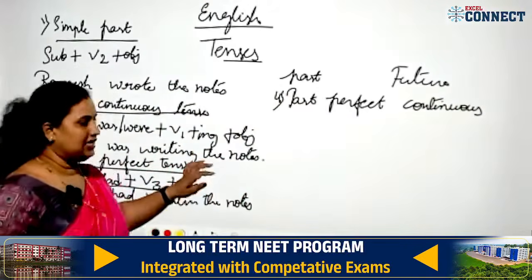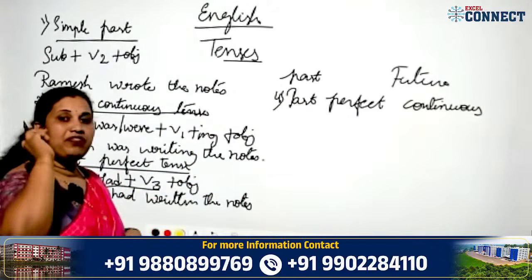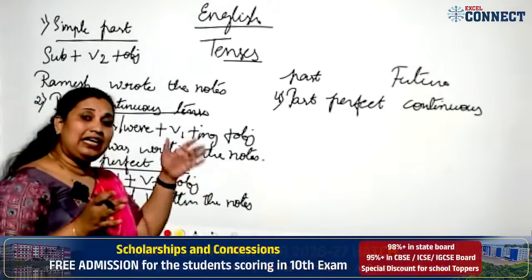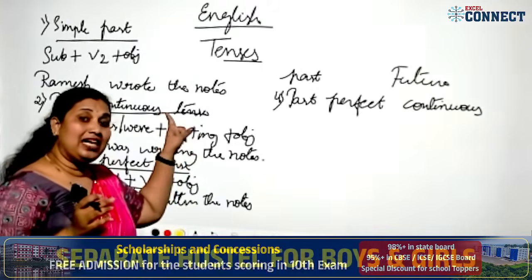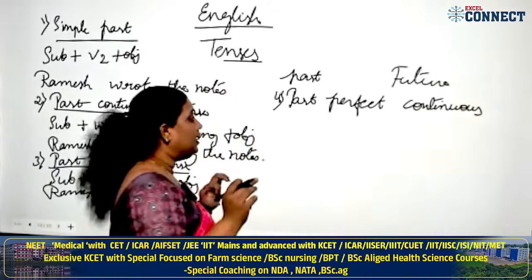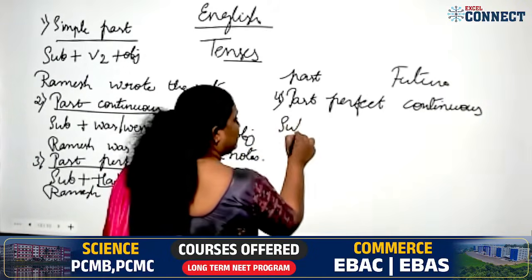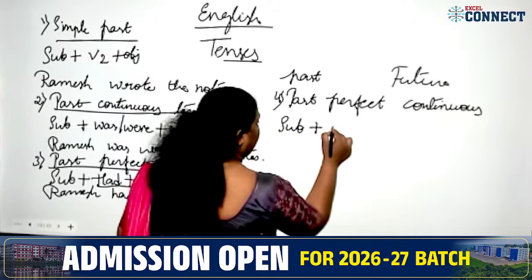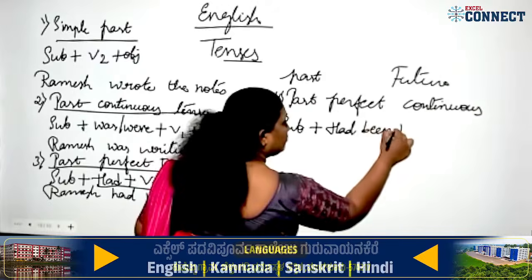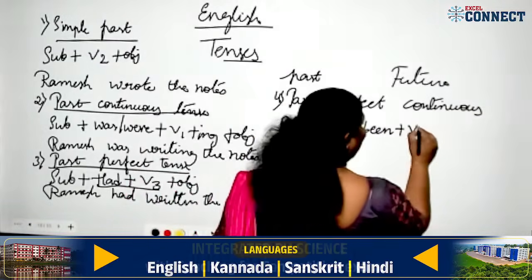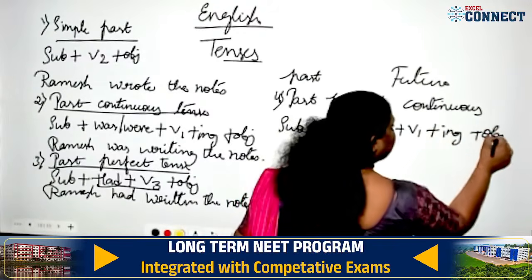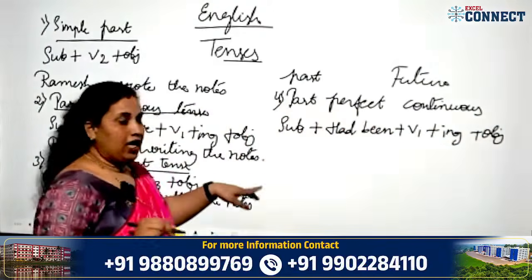Past perfect continuous tense. So the past perfect continuous tense, the same, the action has started in the past and there is a continuation in the action, not at all completed in the past. So the subject plus had been plus V1 ing plus object.